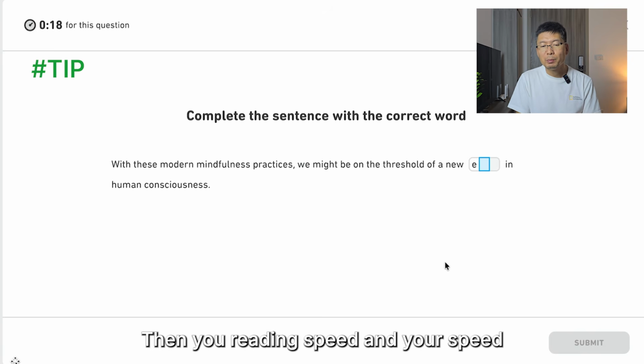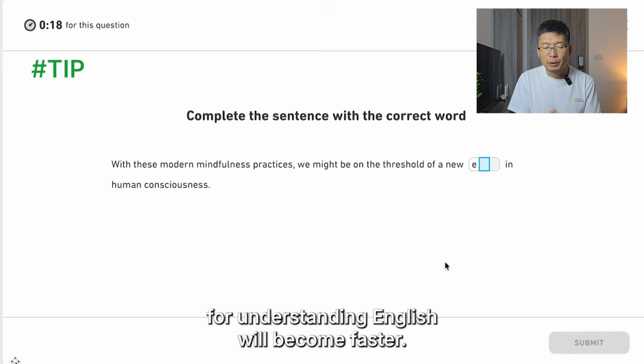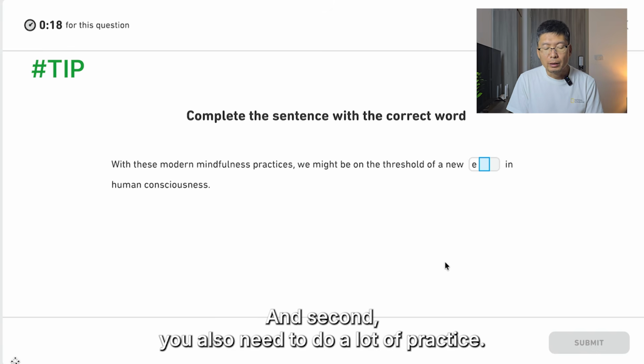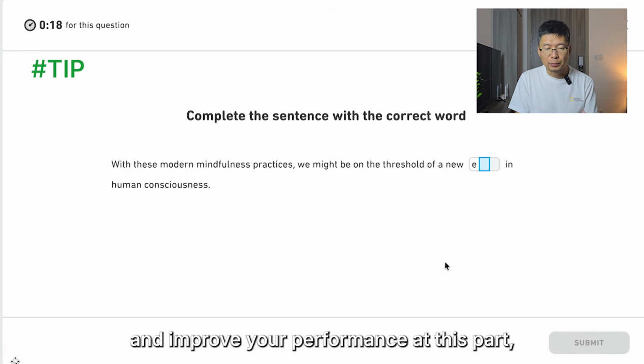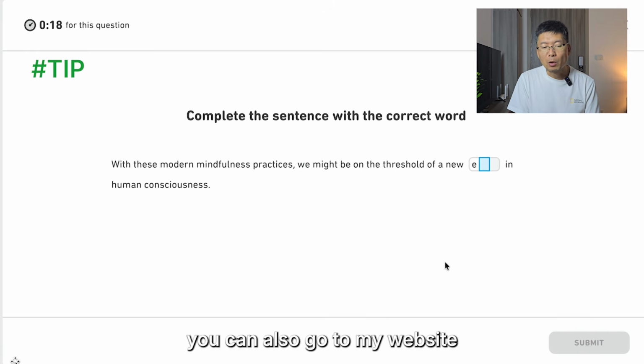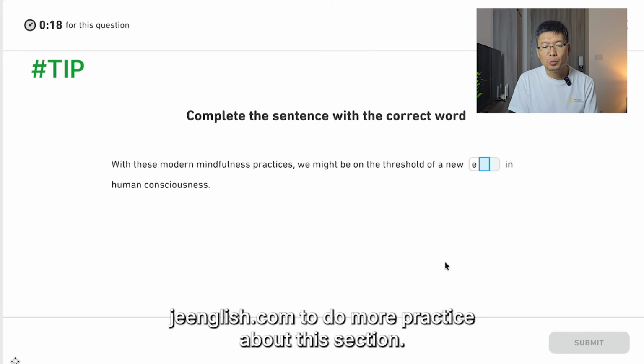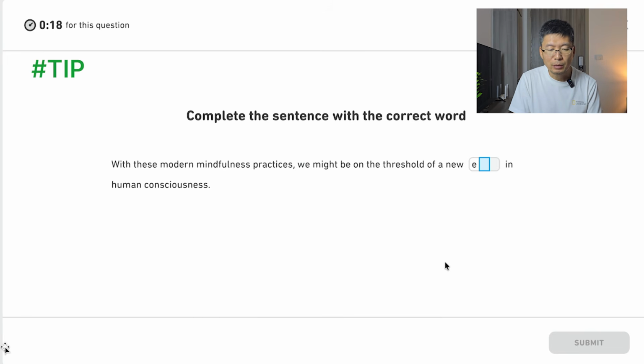Then your reading speed and your speed for understanding English will become faster. And second, you also need to do a lot of practice. If you want to do more practice and improve your performance at this part, you can also go to my website, geenglish.com, to do more practice on this section.